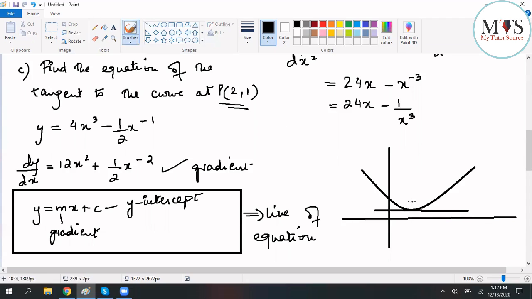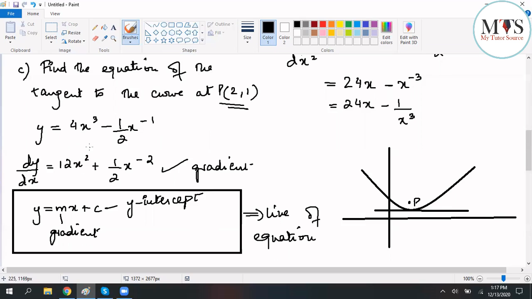This is your point P. Now, you have the equation of the curve, and you have the point at which the tangent is touching the curve, which is point P, correct? And you yourself told me that we need the gradient and the y-intercept for the equation, right? So if we have the equation of the gradient of the curve, isn't the gradient of the curve and the gradient of the tangent equal?